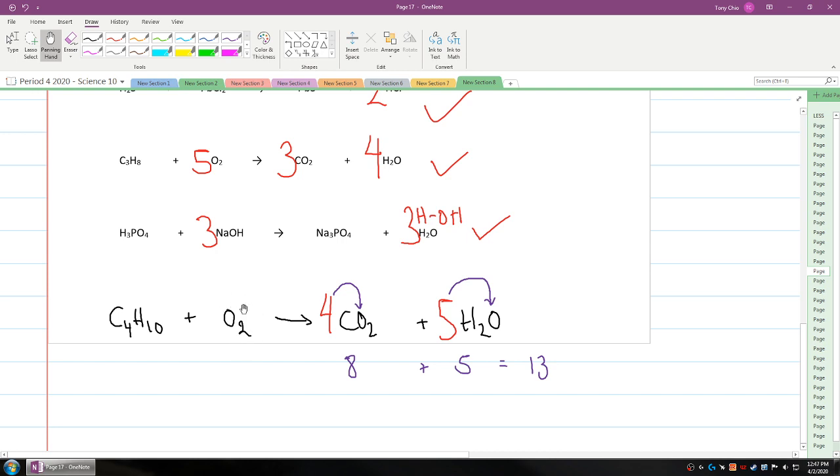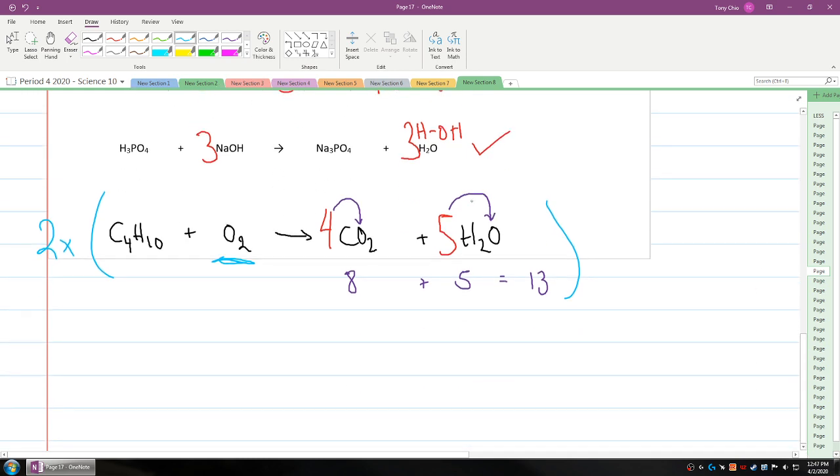What do you do? You use the double odd even rule, which means that you now take this whole reaction, except for the oxygen, and multiply it by 2. And by doing that, everything you just balanced is going to multiply by 2 except for that oxygen, because you haven't balanced that yet. So what happens here? Well, you're now going to have 2 butane molecules.